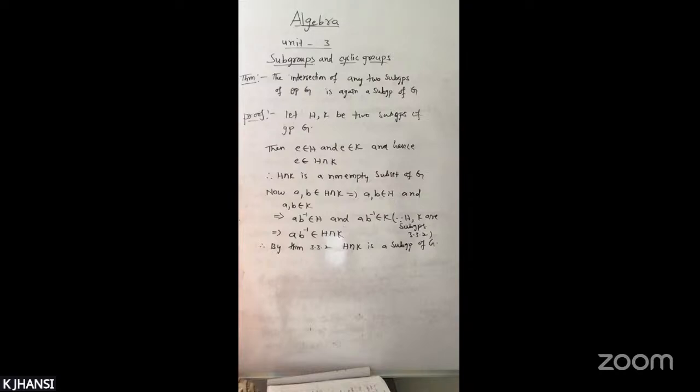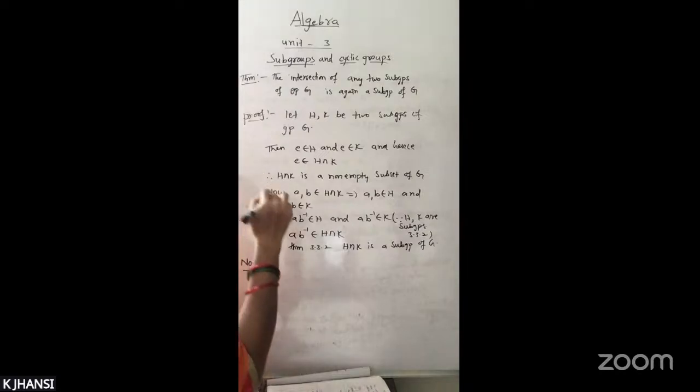One note for this theorem: it is not only for the intersection of two sets. This theorem is applicable to a family of subgroups, meaning more than two, three, whatever number of subgroups there are; this property is satisfied further also.